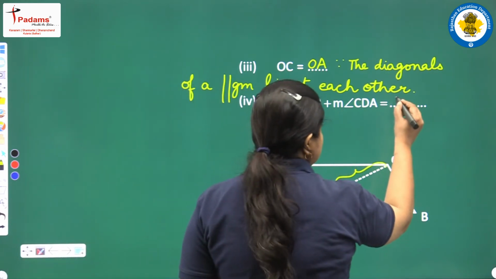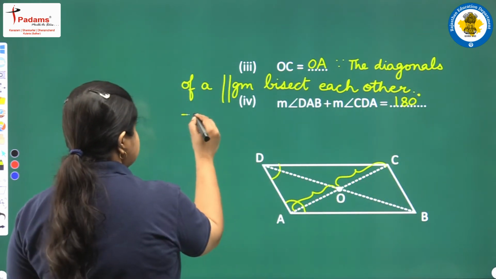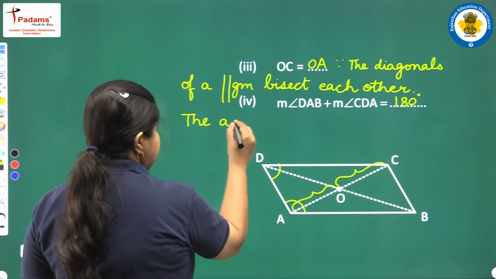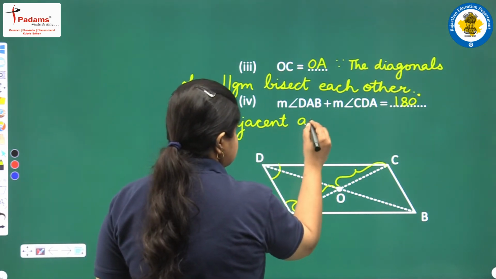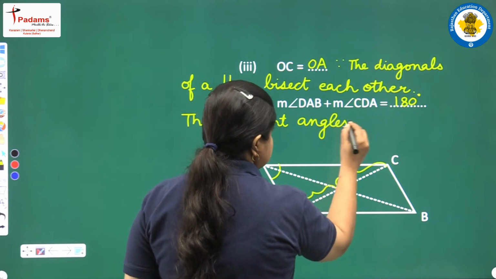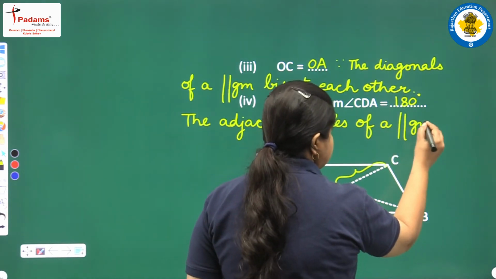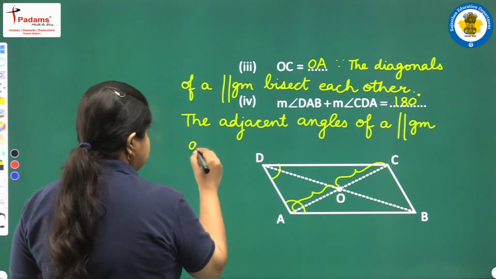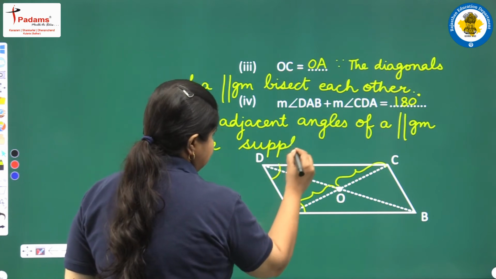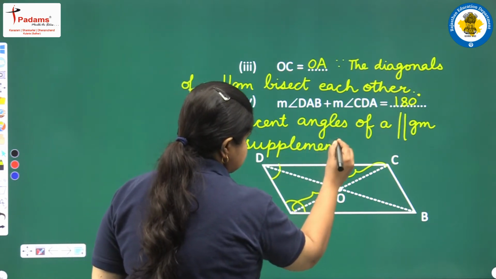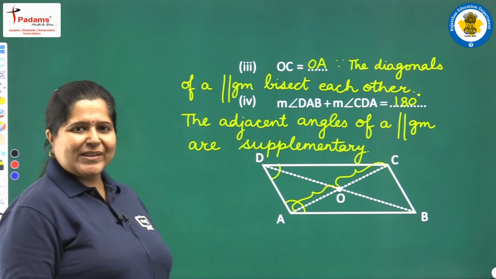So we can write here 180 degree, and the property that is being used here is the adjacent angles of a parallelogram are supplementary. So this is question number 1.